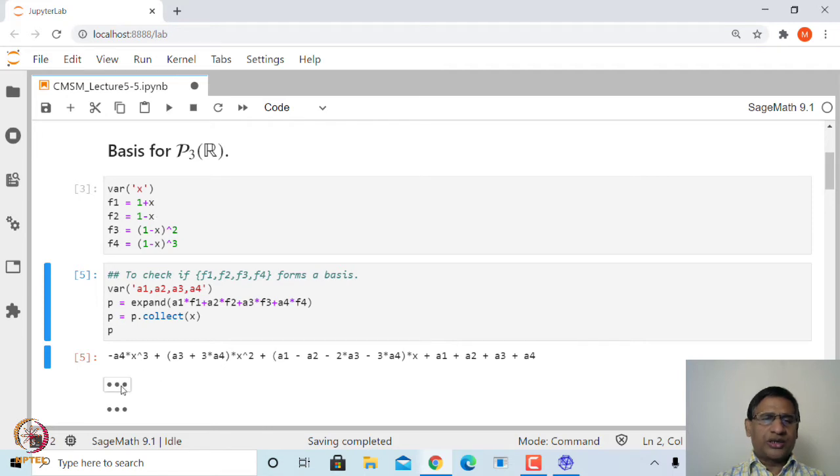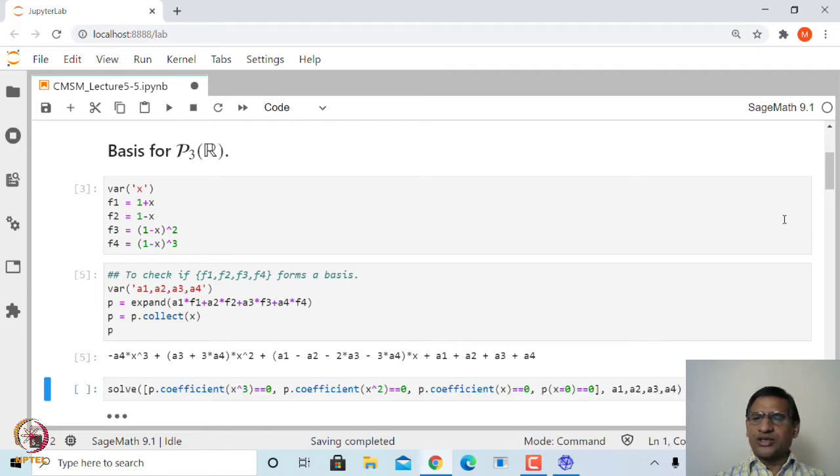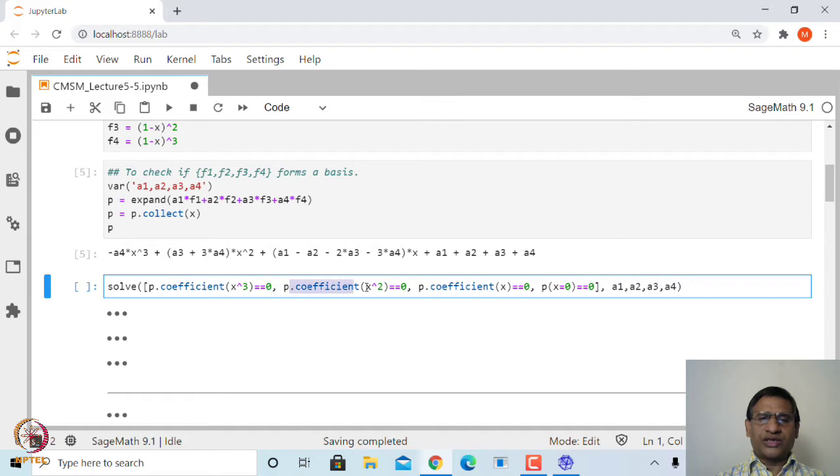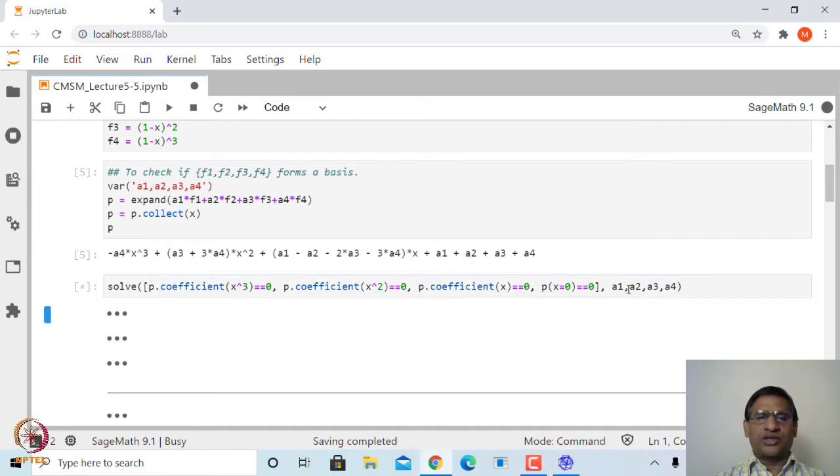However, you can do this checking using the inbuilt function solve. So, how do you do that? You collect the coefficient of x cube and equate it to 0, the coefficient of x square equated to 0, the coefficient of x equated to 0, and the constant term, that is P of x equal to 0, that is also equal to 0, and solve this for A1, A2, A3, A4.